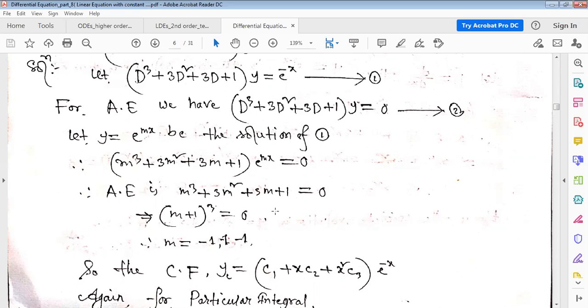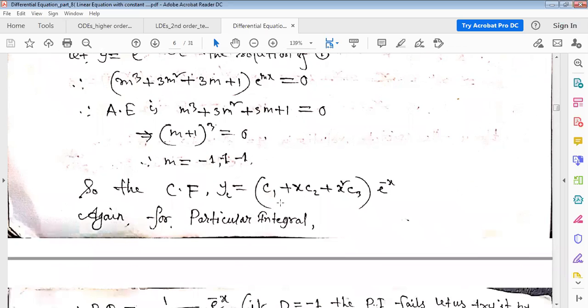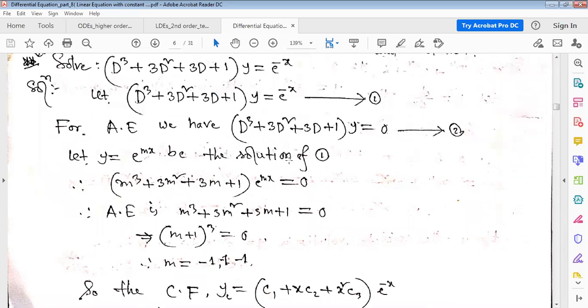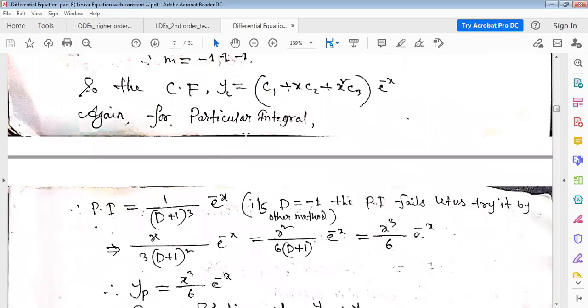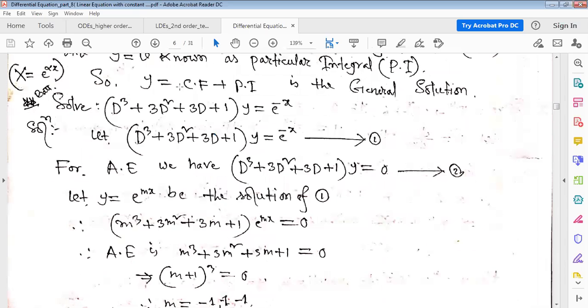Remember it. Again, for the particular integral, there is another part for the right hand side. Now the particular integral can be written as 1 divided by (D plus 1) whole cube times e to the power minus x. This can be written as y equals e to the power minus x divided by this.